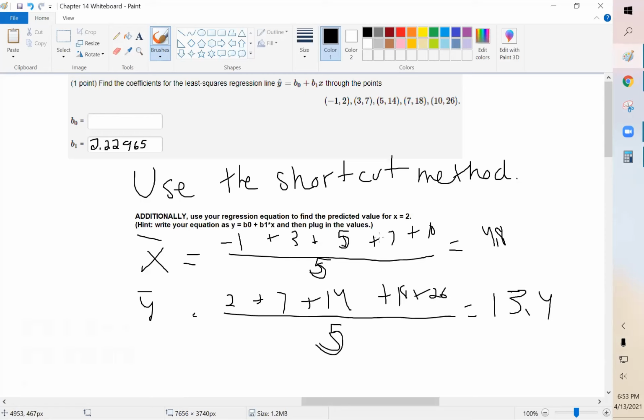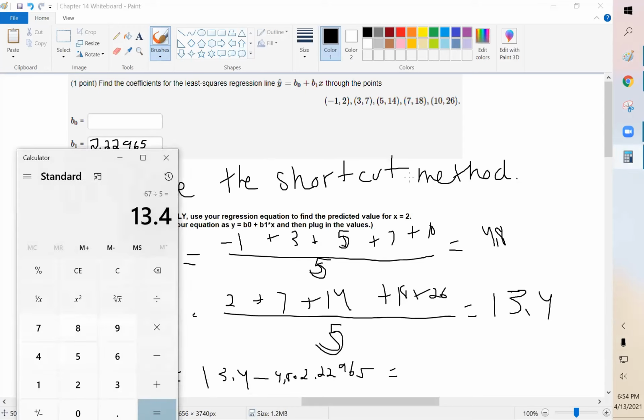Okay. We're given the B1. We recall that our B0 is equal to our Y bar, so 13.4, minus our X bar, which is 4.8, times our B1, which is 2.22965. So 4.8 times 2.22965, and we take that off of 13.4.